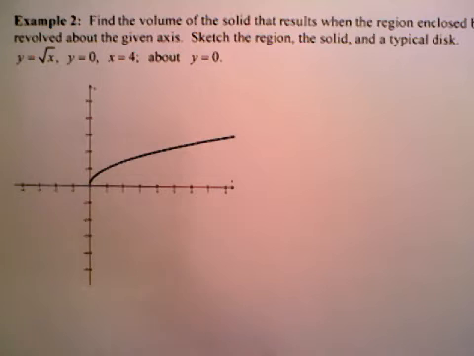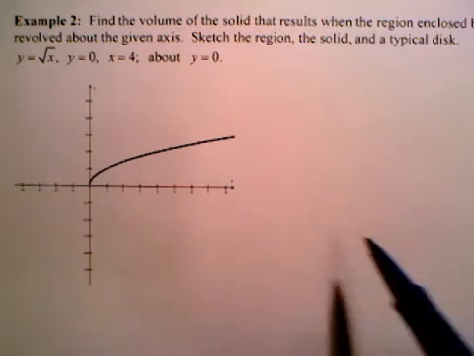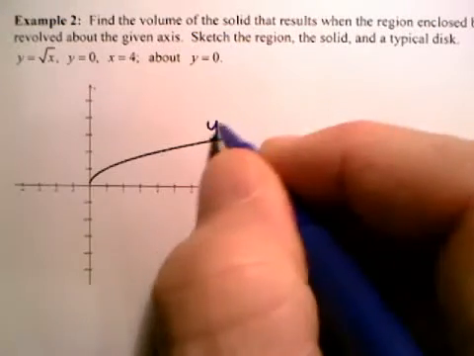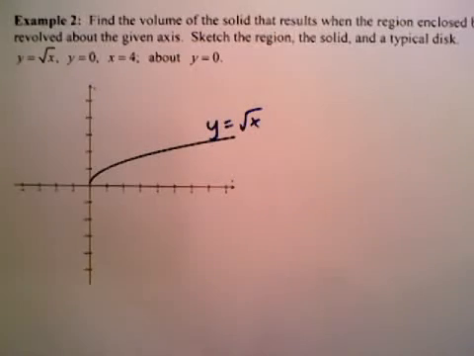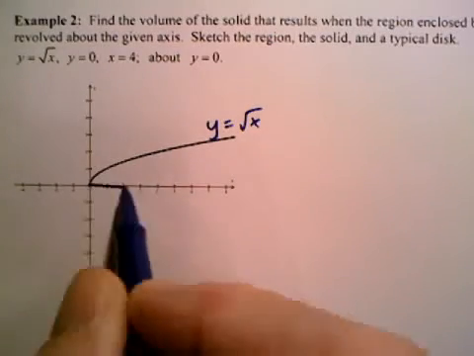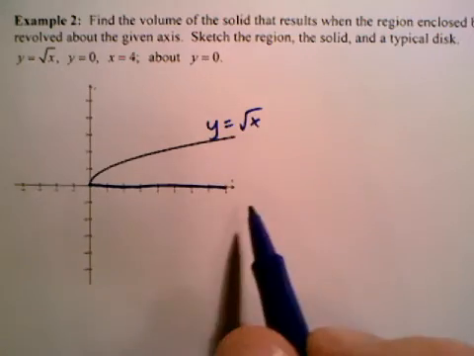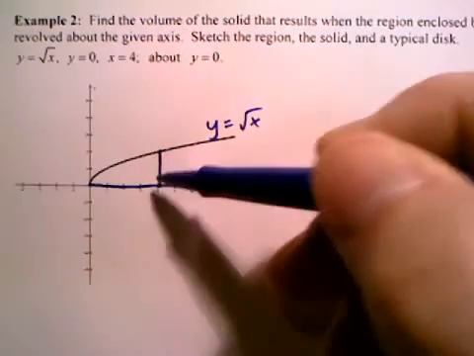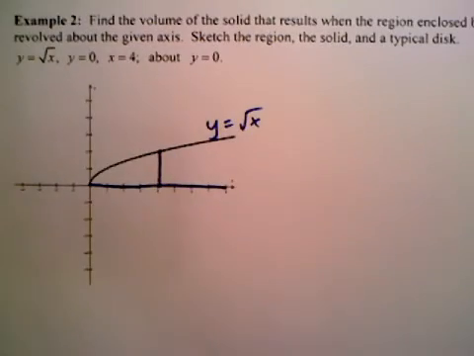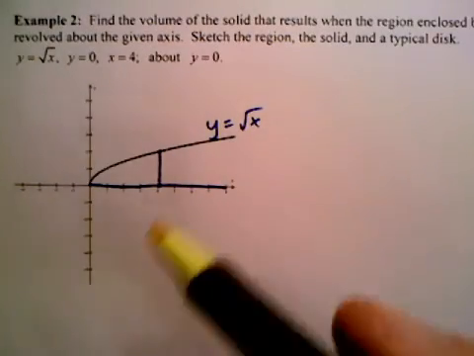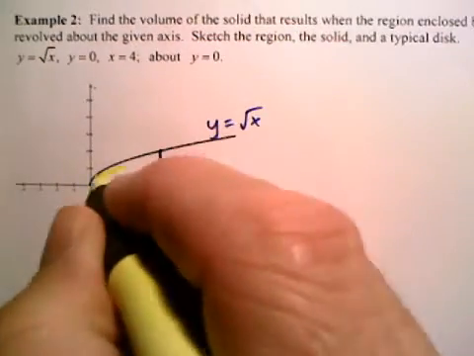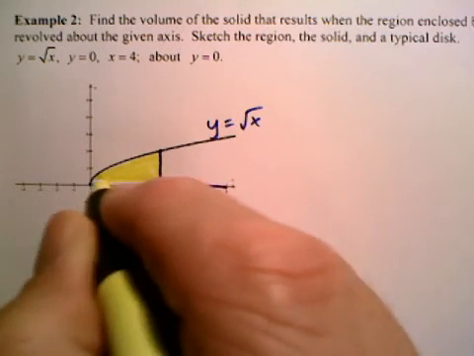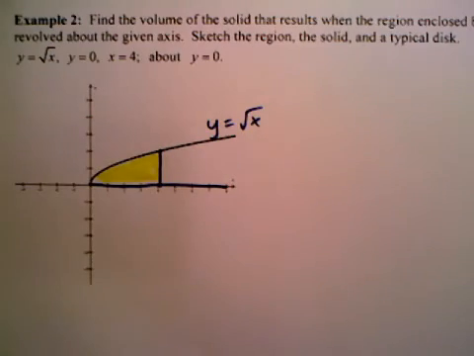To find the volume of the solid, we have a two-dimensional shape bordered by the curve y equals the square root of x, y equals 0, x equals 4. We're going to take this region right here, and rotate this region around the x-axis.